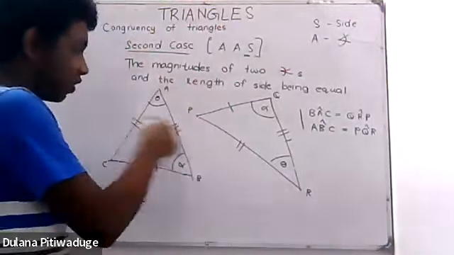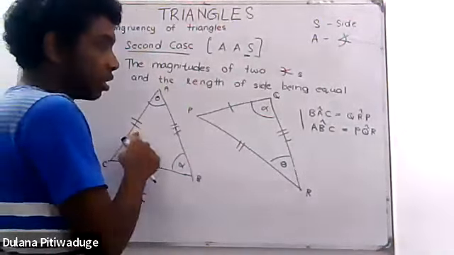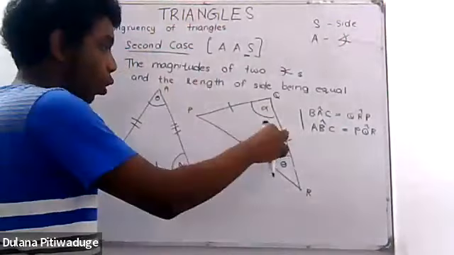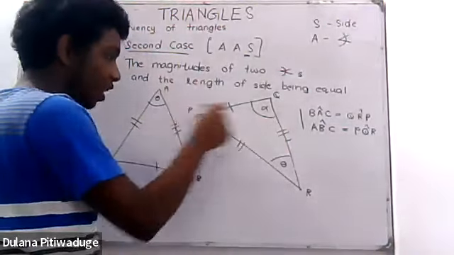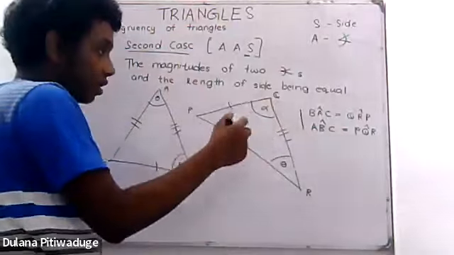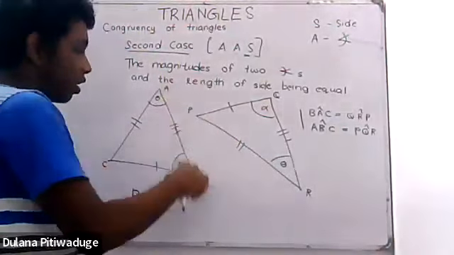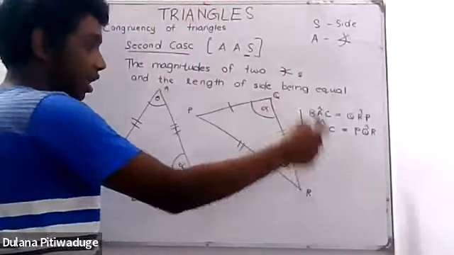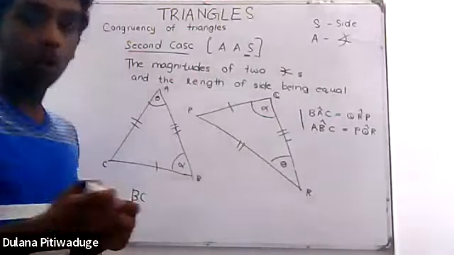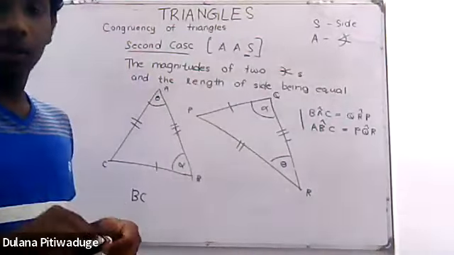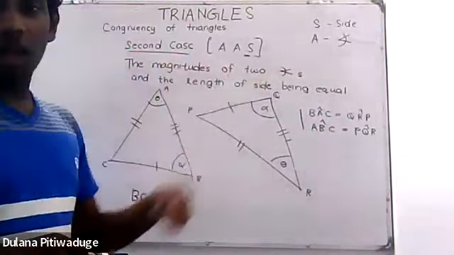If not, if these two sides are equal, then again the triangles are equal. Or if this side over here, the side in front of the remaining angle, if those two sides are equal, then again these two triangles are congruent by the case AAS.